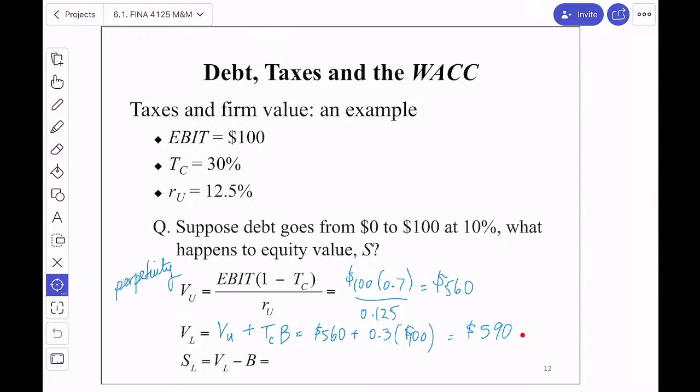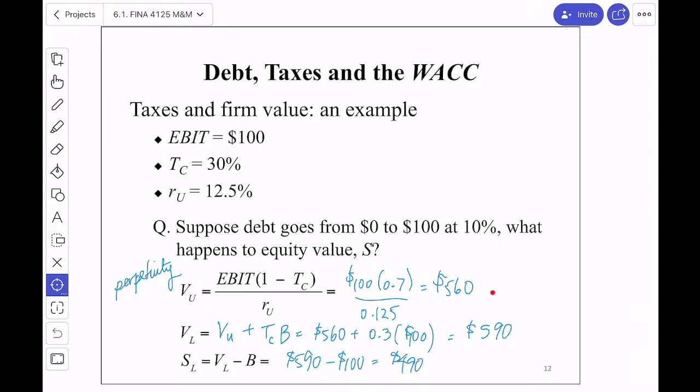So what happened to the equity value? It went from 560 to 490, okay?